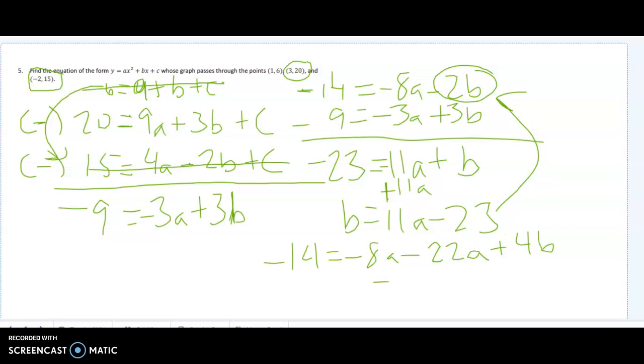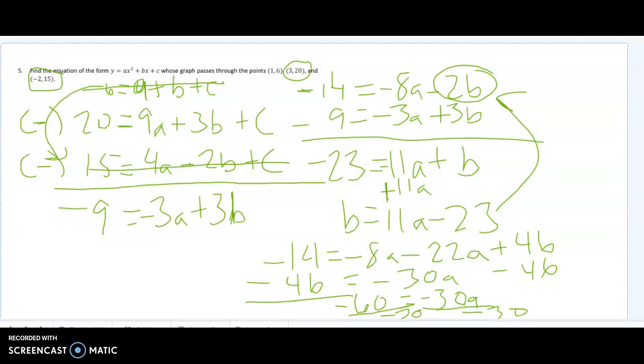So that's negative 30a. I'm going to subtract 46 here, subtract 46 here, and that equals negative 60 is equal to negative 30a. If I divide by negative 30, divide by negative 30, a equals 2.